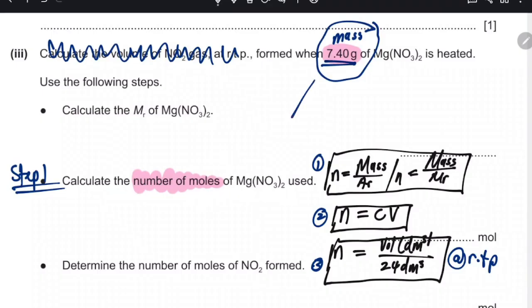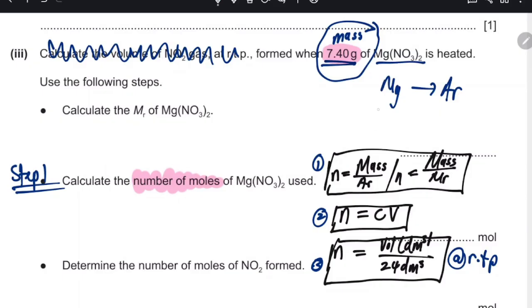And you've been given mass. So you have to use mass. And which one are we using? Are we using AR or are we using MR? Look here, there is MG, N, and O. This is more than one thing. If we just had MG only like this, then we would use AR.